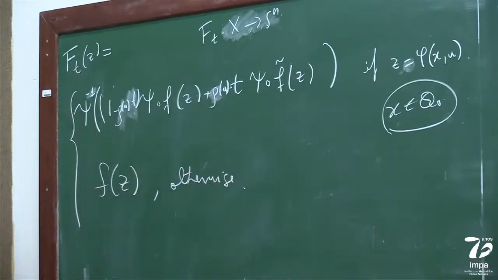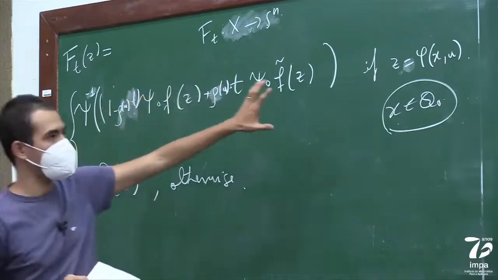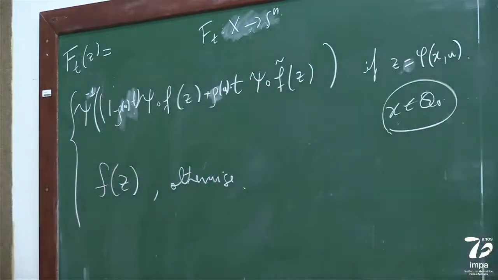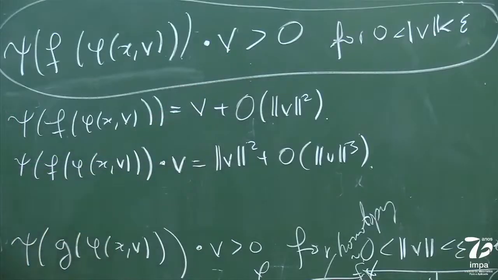And the reason that I make this super annoying choice, and I want this condition, is that if this condition holds for the whole homotopy, then I guarantee that the only time I actually hit 0 is at the middle point, for v equals 0.